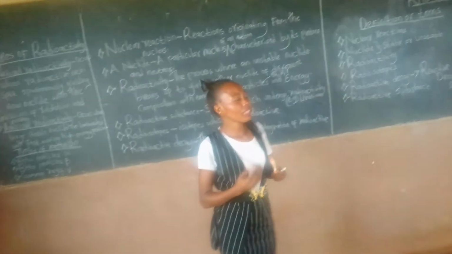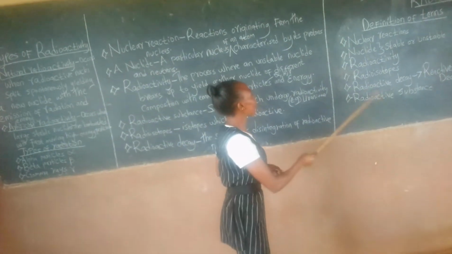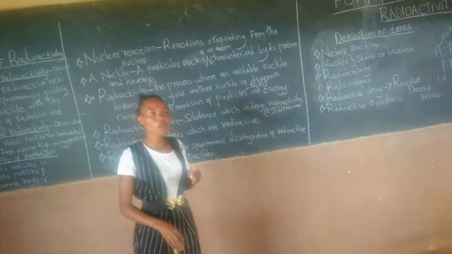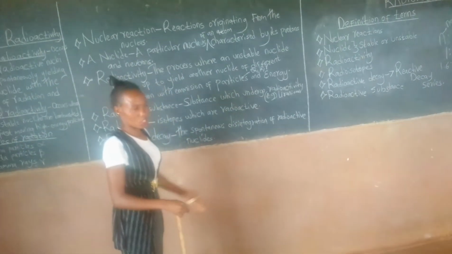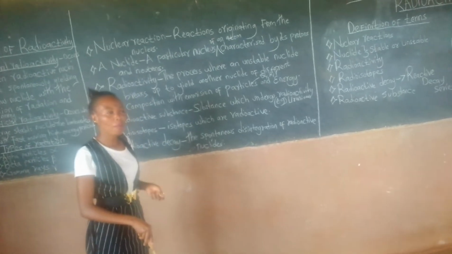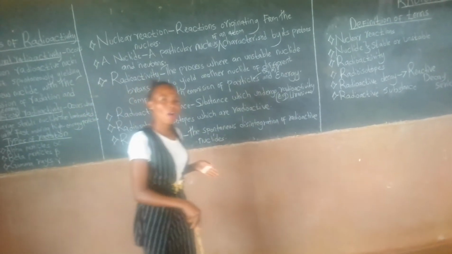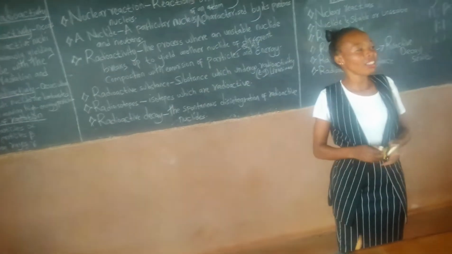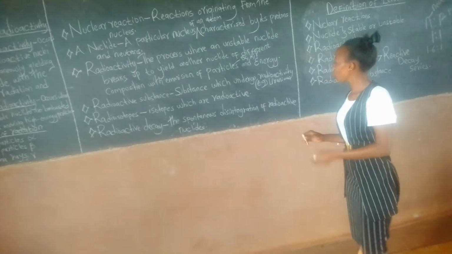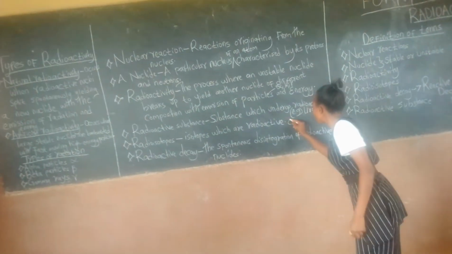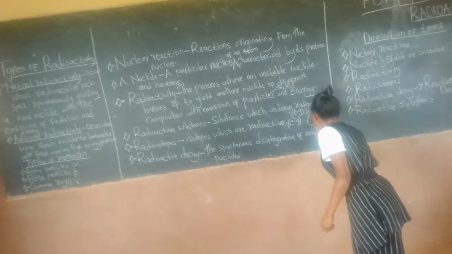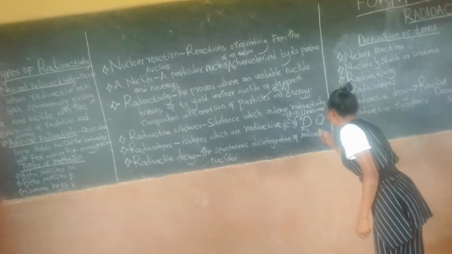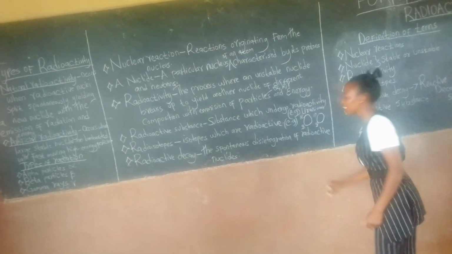We also shall define another term, which is radioisotopes. From your knowledge in Form 2, you know what an isotope is. An isotope is an atom of the same element with the same atomic number but different mass number. Examples are oxygen-16 and oxygen-17.